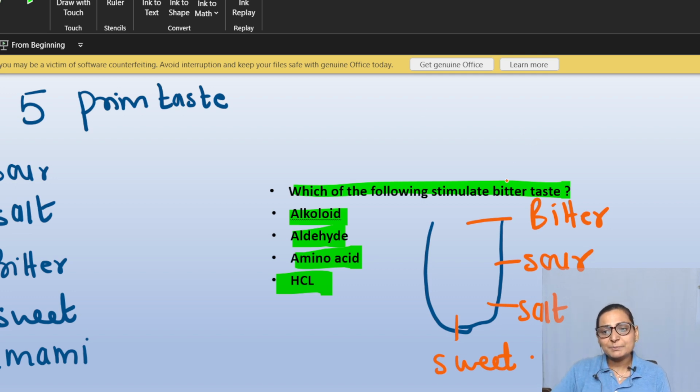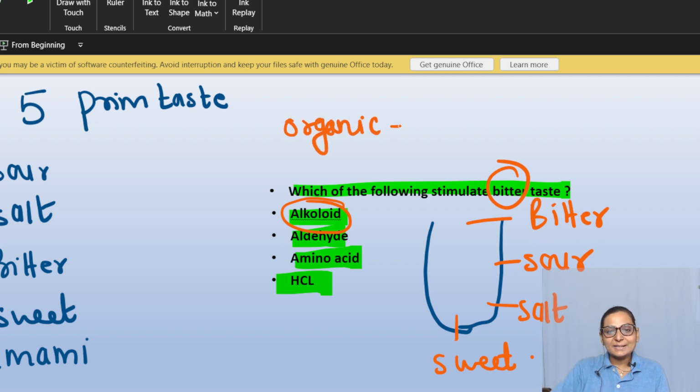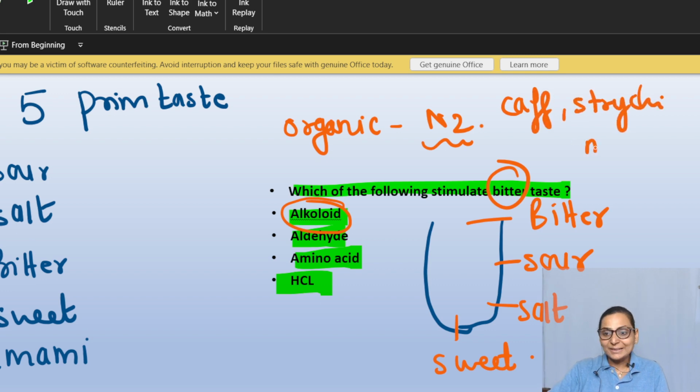Now when we speak of bitter, definitely bitters are going to be stimulated by alkaloids, the long chain organic substances that have nitrogen. So remember, caffeine, strychnine, nicotine, all these are going to stimulate bitter, right?